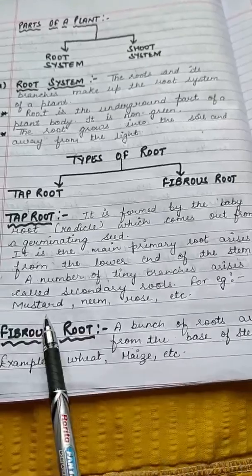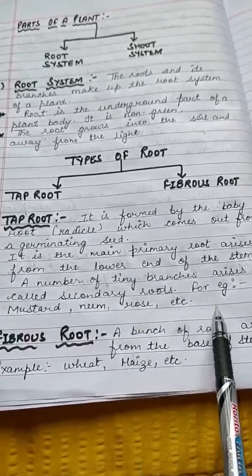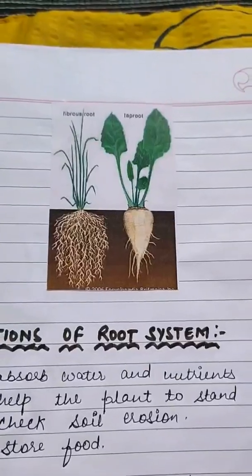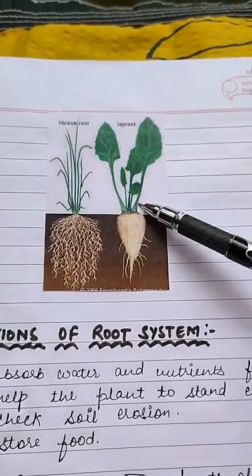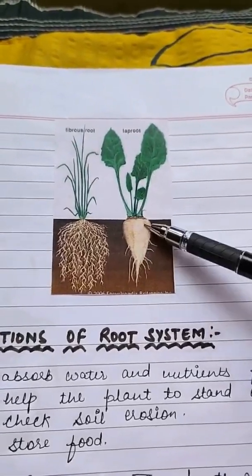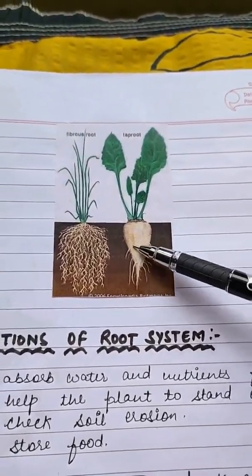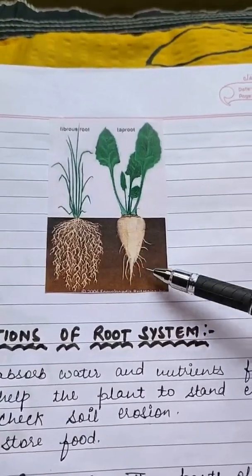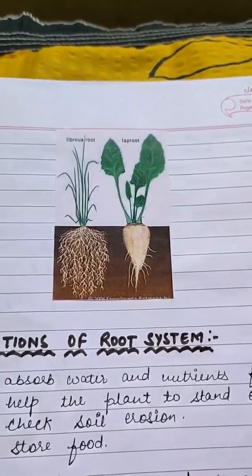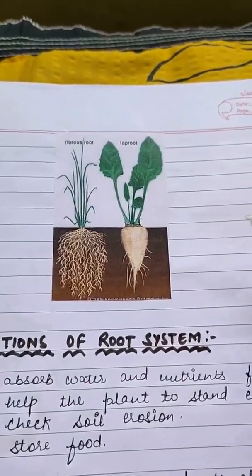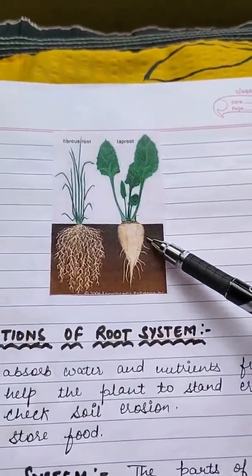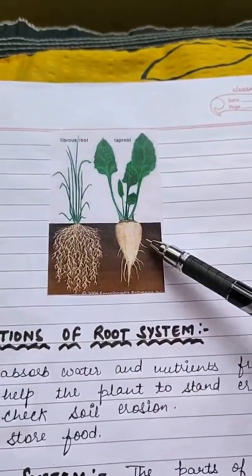For example, mustard, neem, rose, etc. So this is an example of a taproot. This is the main root, which is also known as the primary root, and these small roots are secondary roots.